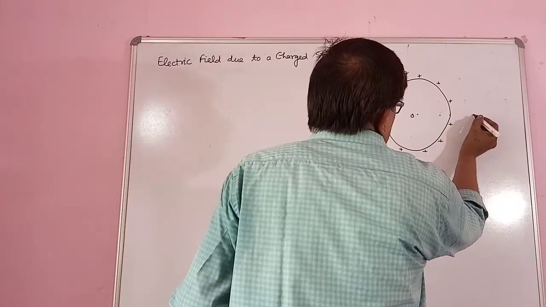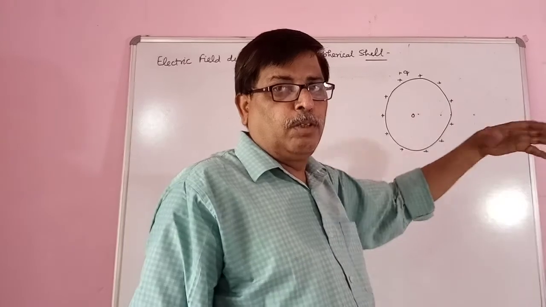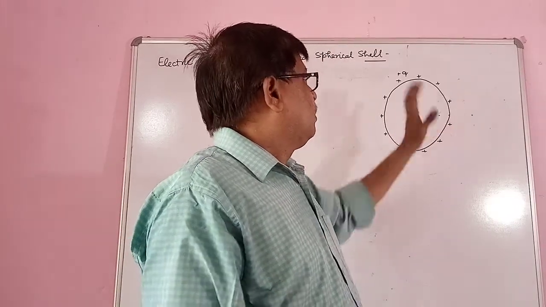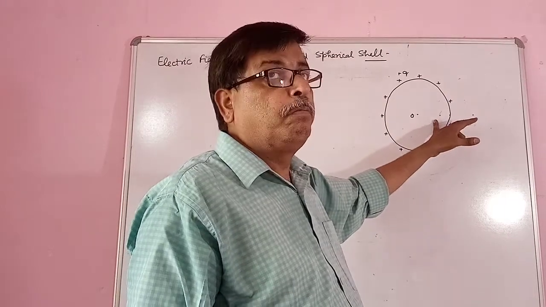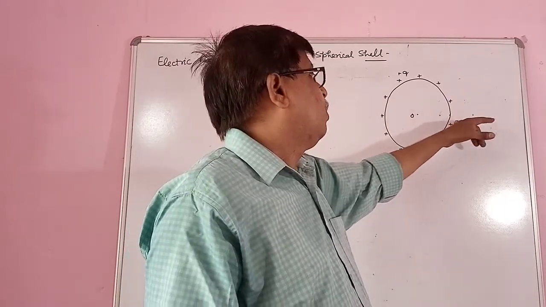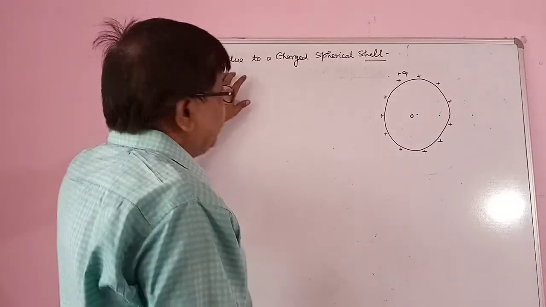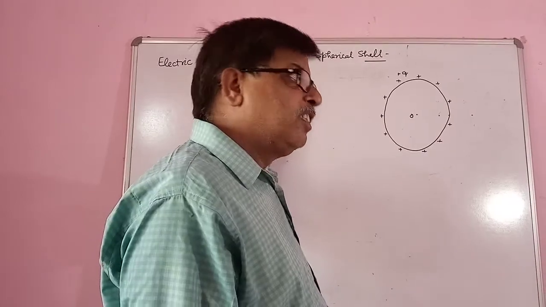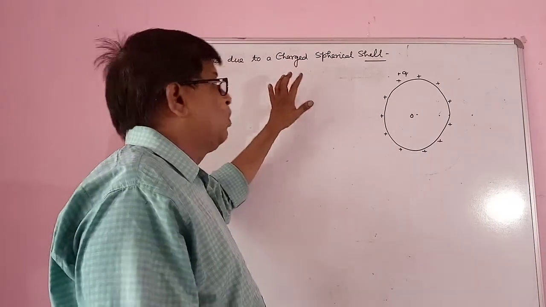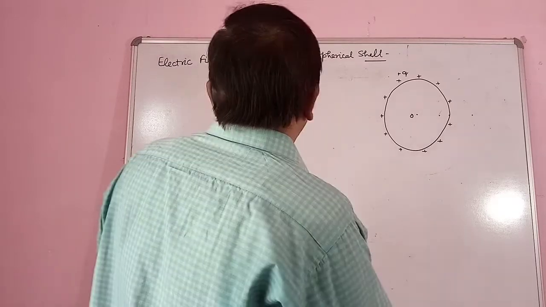And third, outside the spherical shell. So these are three possible positions of the point. Again, this is also an application of Gauss theorem or Gaussian surface.